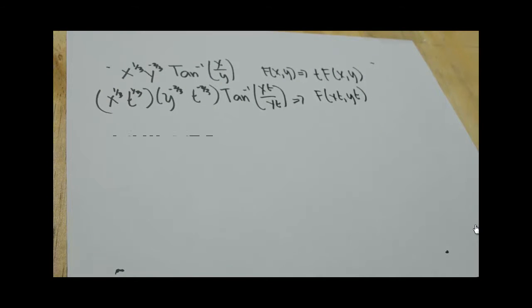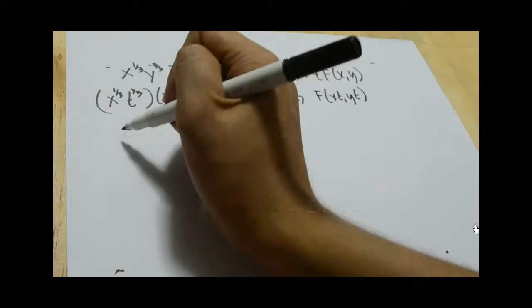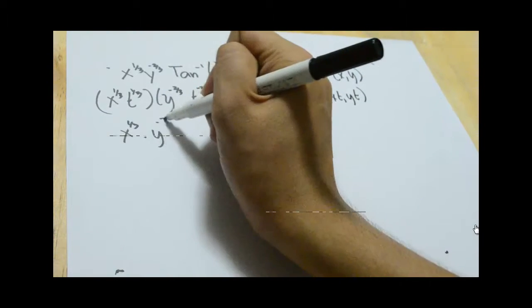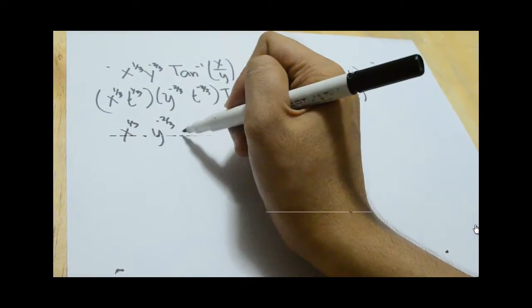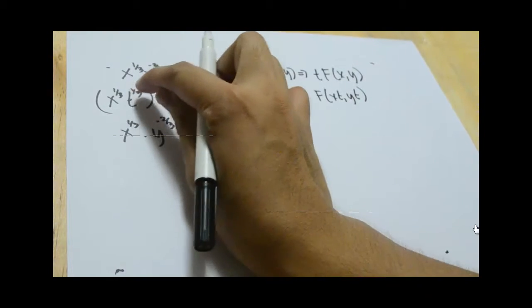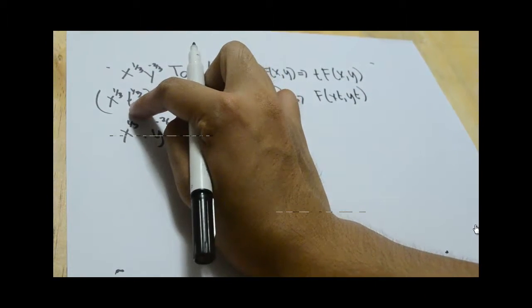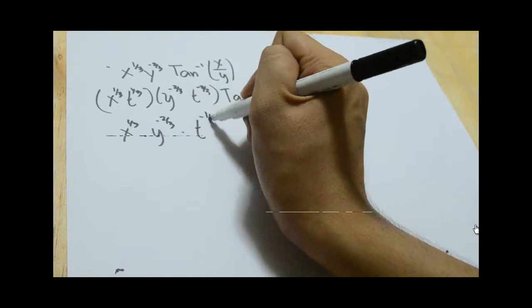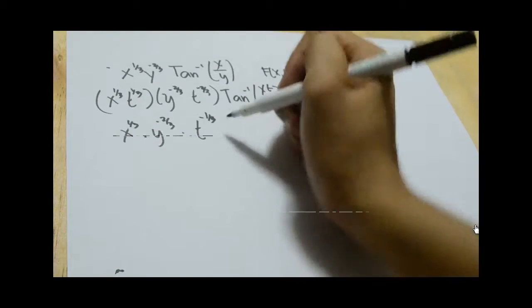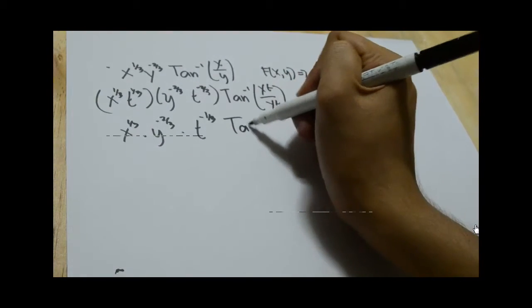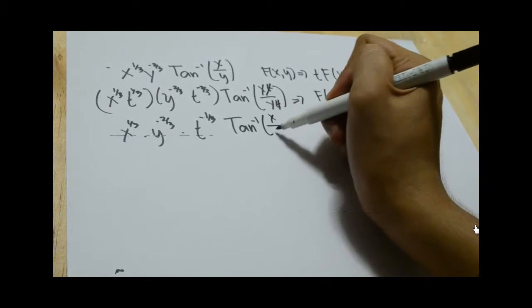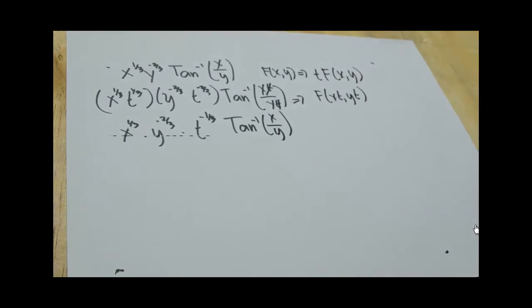So combining like terms, we'll have x to the 1/3 times y to the negative 2/3 times t, which is the t to the 1/3 times t to the negative 2/3 is just equal to t to the negative 1/3 by adding the exponents, times tan inverse, this one can be cancelled out, of x over y.